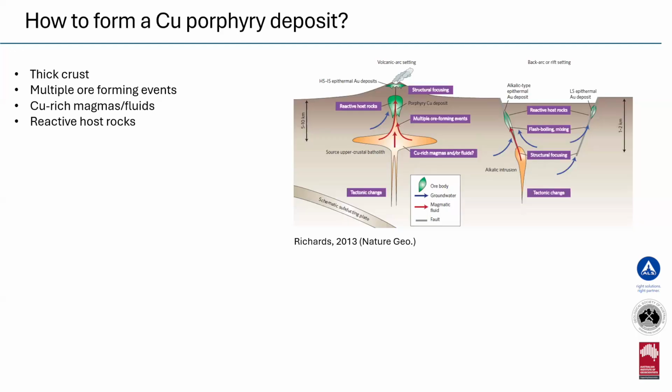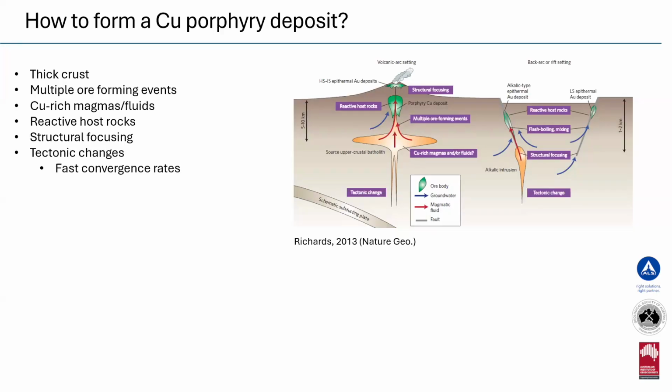So that's the kind of question that we address in the project with Teresa: how to form those copper-rich magmas in an arc system. We need to have structural focusing. So contractional events, for example, are very helpful in localizing mineralization.